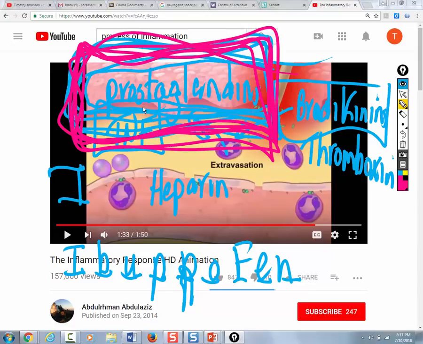That's why Tylenol cannot be used as an anti-inflammatory, because it works centrally. Doesn't work peripherally. And because the mechanism of action is different, you can alternate the two. No one will explain that to you.